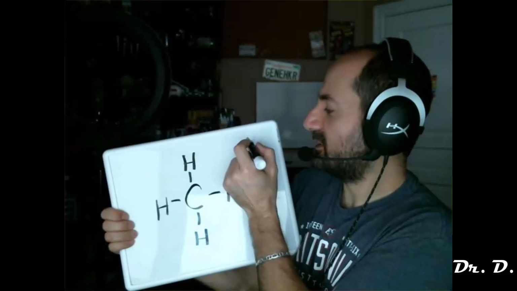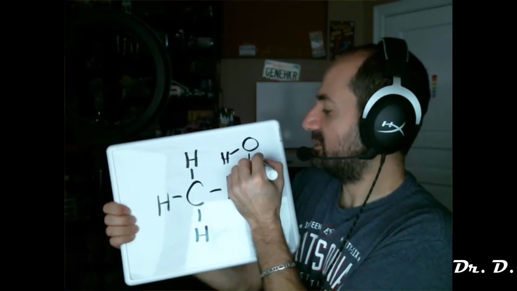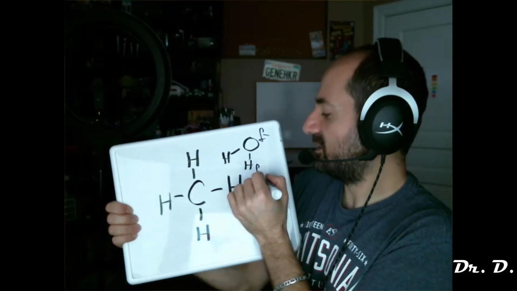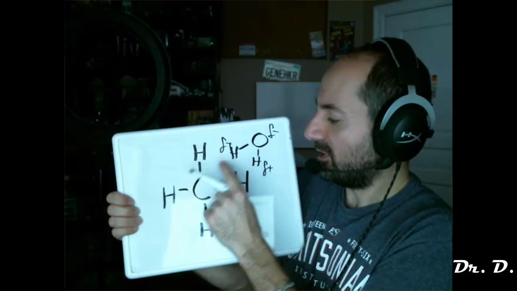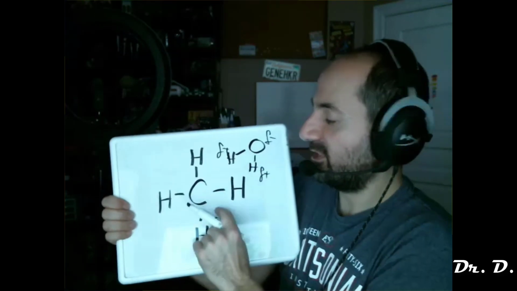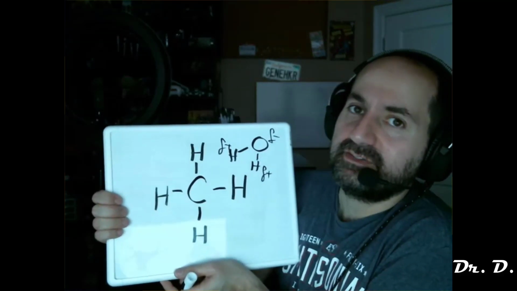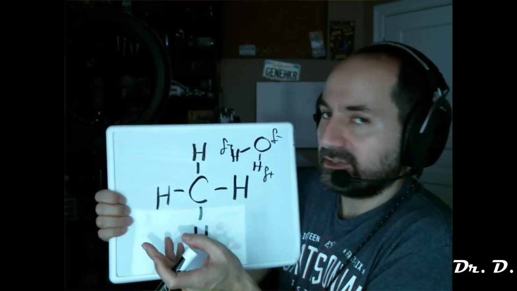Now, remember what water does? Water is oxygen with two hydrogens. Do you remember that? Water has a partial negative charge on the oxygen and partial positive charges on the hydrogens. How would water interact with, or you could think of it as, how would water stick to methane? What part of methane would water want to stick to? Well, here's the thing.